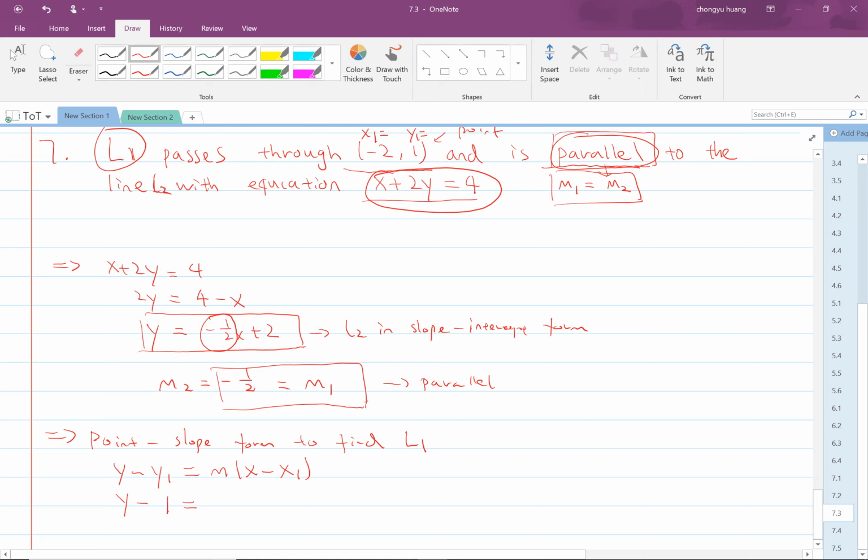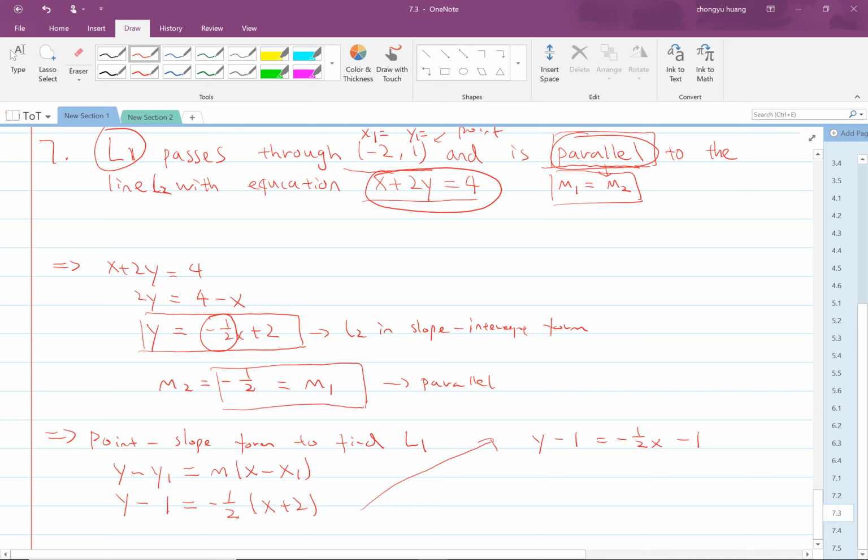M over here is -1/2, and we have x plus 2. Let me continue doing this somewhere over here. Y minus 1. We need to simplify a little bit more.